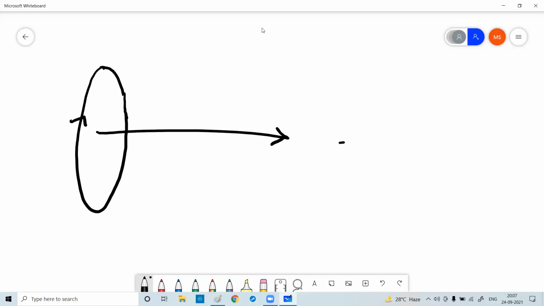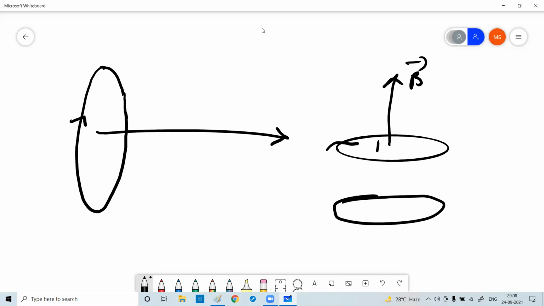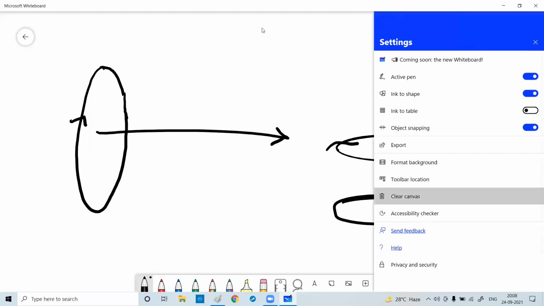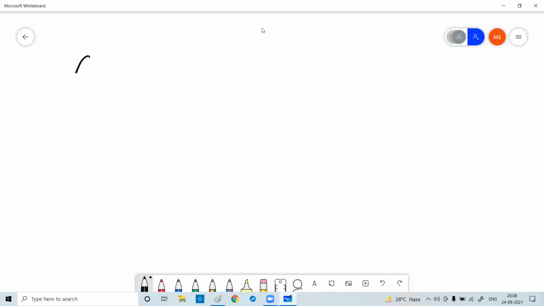If I consider the loop like this and current is passing like this, the magnetic field will be in the upward direction. Okay, so let us consider a loop where the magnetic field is coming like this.